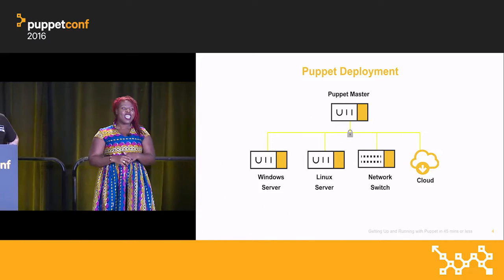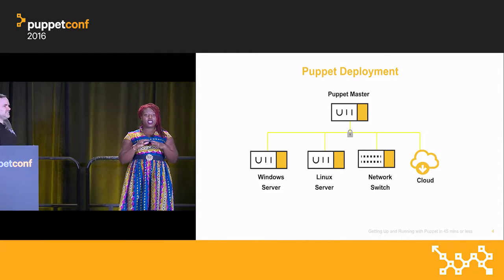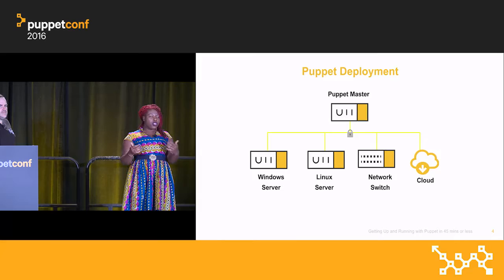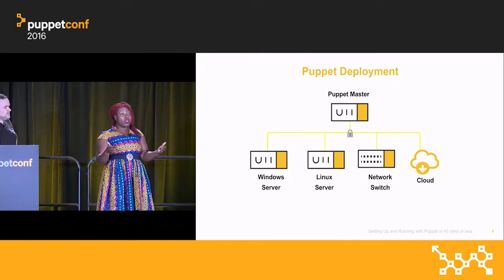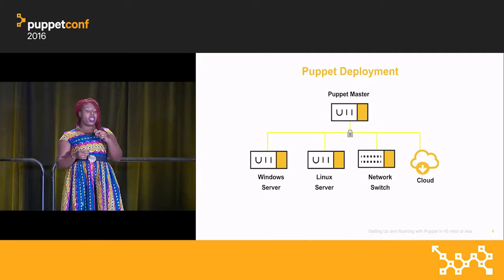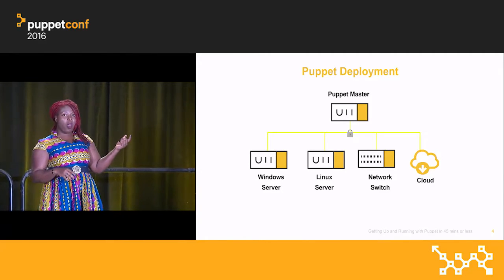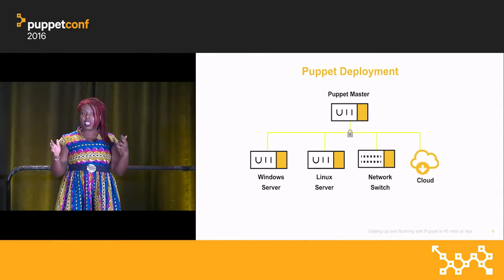That's right. So this diagram that you're looking at right here is just a really great way to see a Puppet deployment. The architecture of a Puppet deployment is a very basic client-server one. So we see here that we have the Puppet master operating as that server, and we have the clients below. And if you'll notice, the clients are different types of machines.